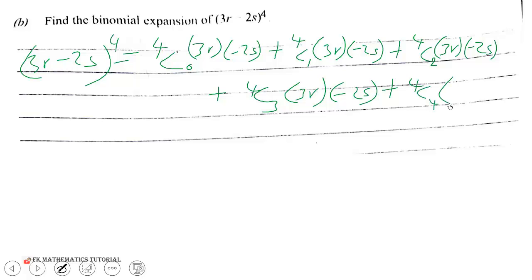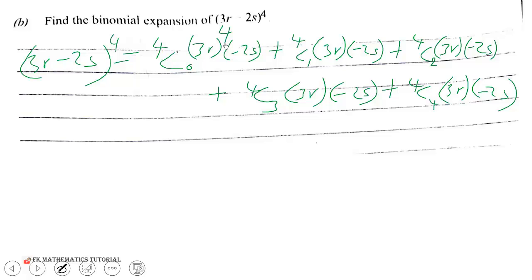The first term's power decreases from 4 to 0, so 4, 3, 2, 1, 0.